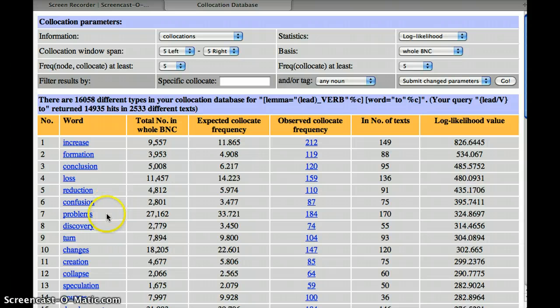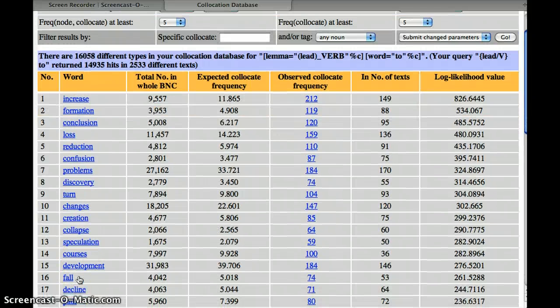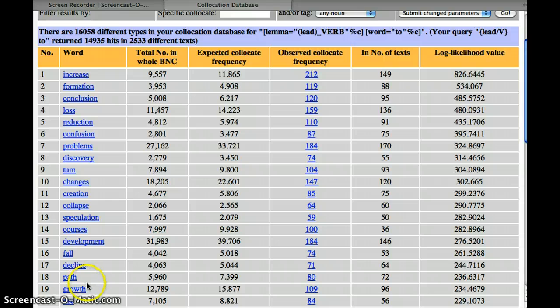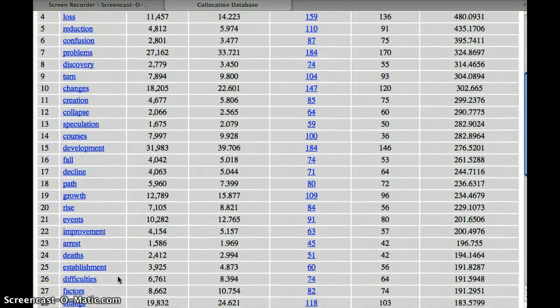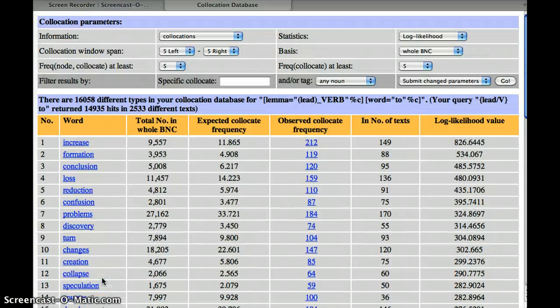Okay, already it's looking a bit better, isn't it? So we've got loss. Okay, it's a bad thing. Probably confusion, problems, collapse is not good. Fall, decline. Trouble doesn't come in here, but there's quite a few difficulties as well. Quite a few negative words. So what we could do now is, well, if you're interested, you can do this.